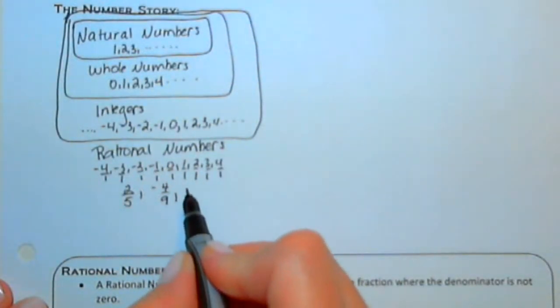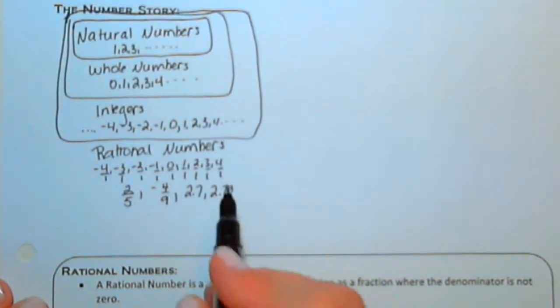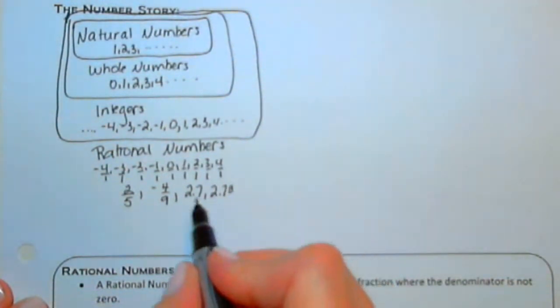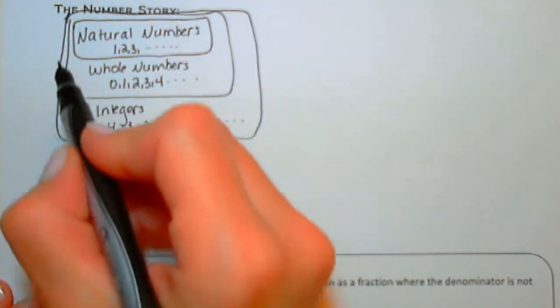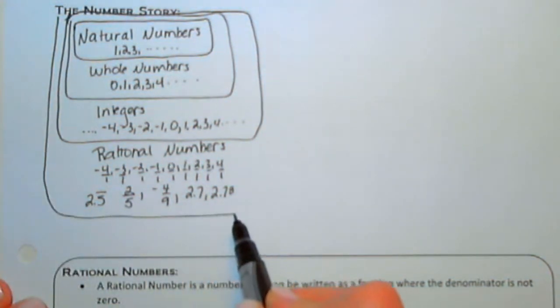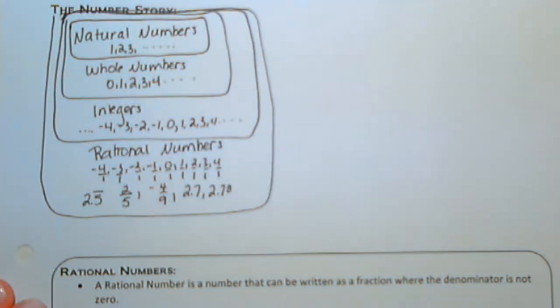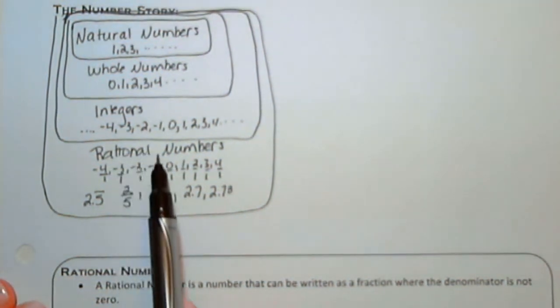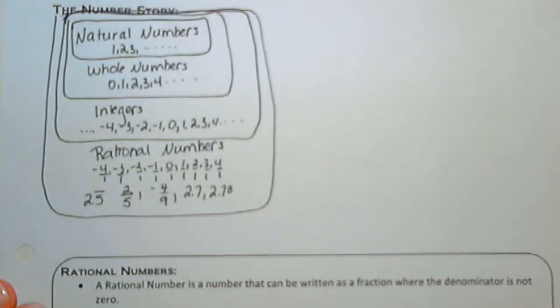We could also have decimals, 2.7, 2.78. Decimals that end or repeat, 2.5, are all considered rational numbers. Now, if a number is rational, it looks like this.